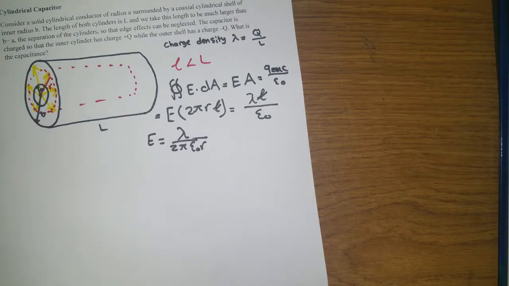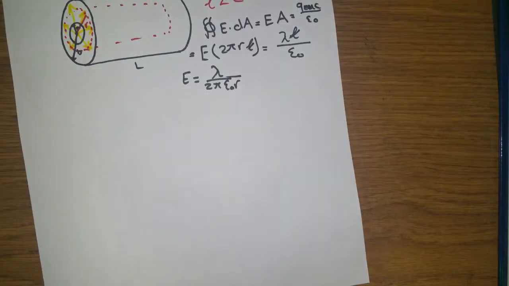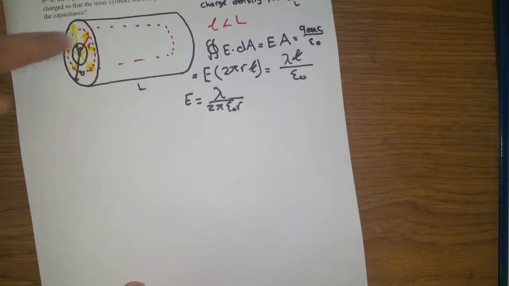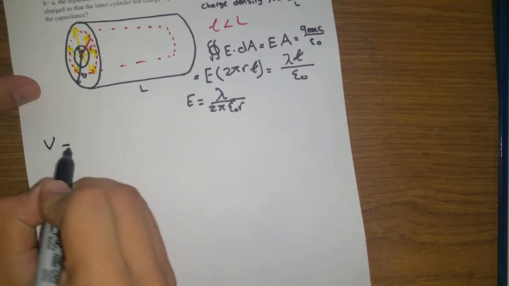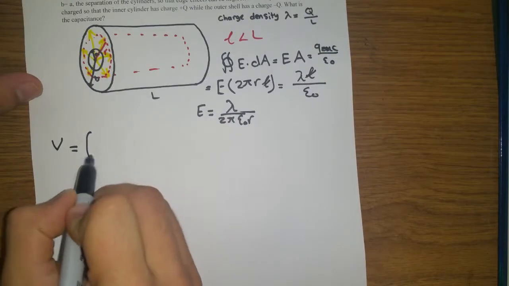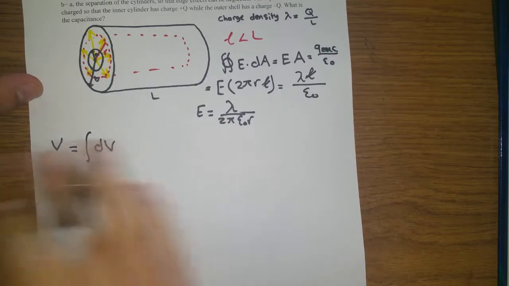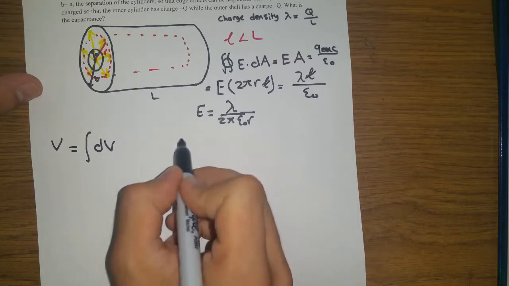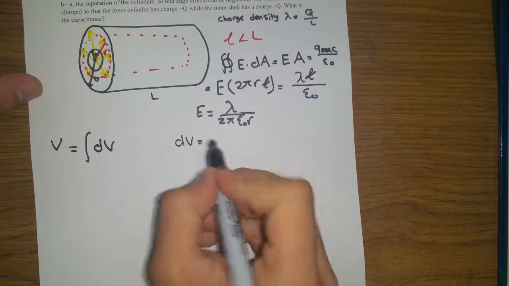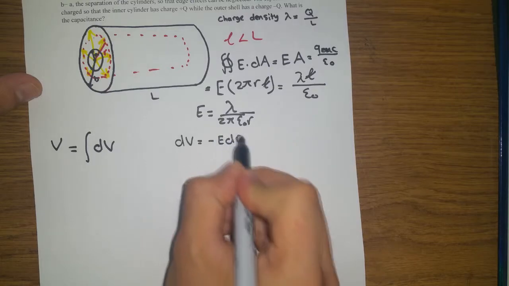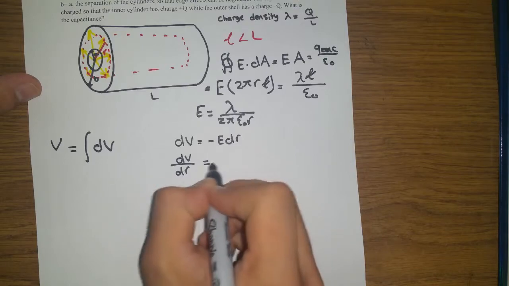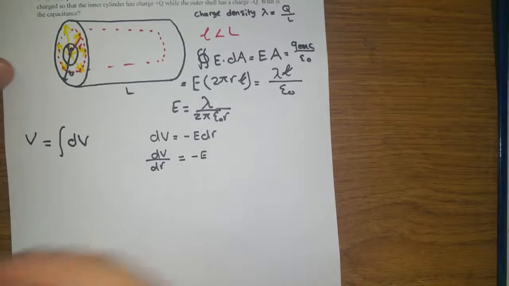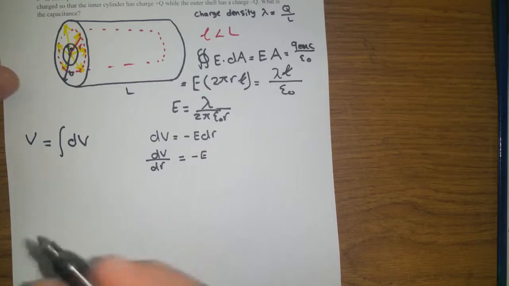It's done. Now, we need to calculate the potential difference between the two shells. And that is going to be V equal to the integral of dV. That is always the case. Then we're going to say dV is equal to negative E dr, and dV over dr is equal to negative E. This is basically standard electromagnetic equations.